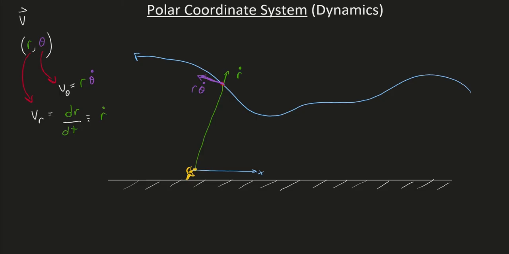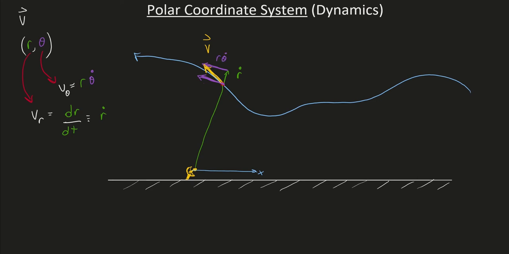And of course, since these things are vectors, since they're directed in specific directions, I have to do that whole tip to tail vector adding here to get the true velocity vector, which of course is always going to be tangent to my path.